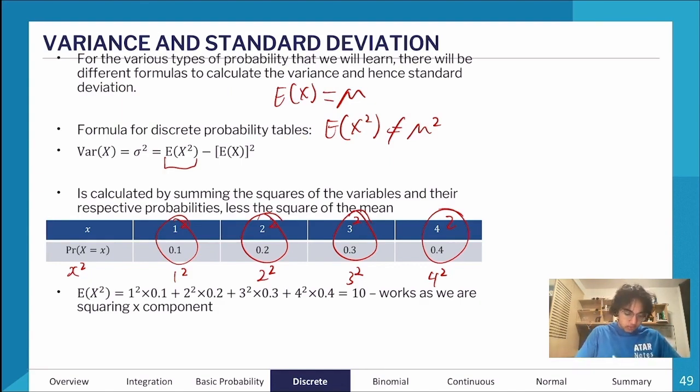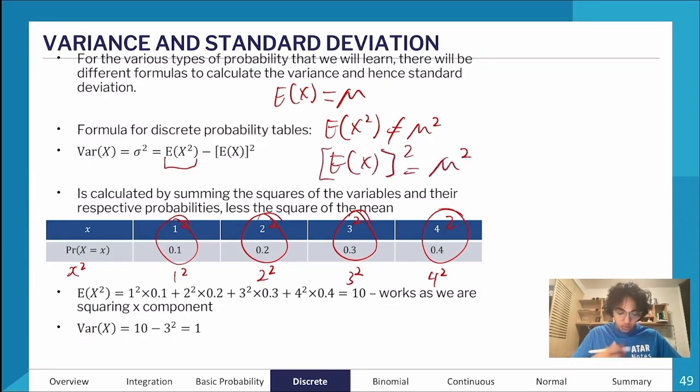And then I need to work out E of X squared, I just do the normal calculation. I'm just multiplying them together, like so, and we get 10. And then to calculate what E of X, whole thing squared is, that's just the mean squared, so what we worked out last time.